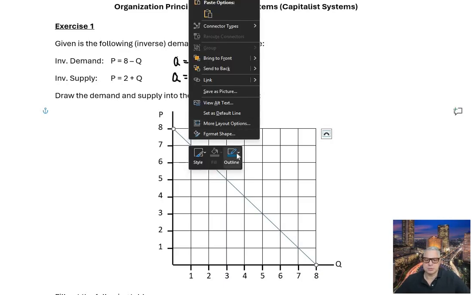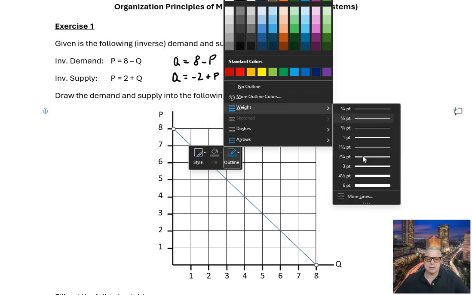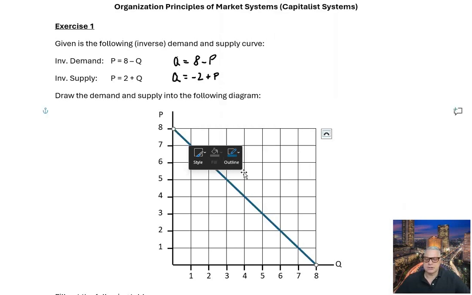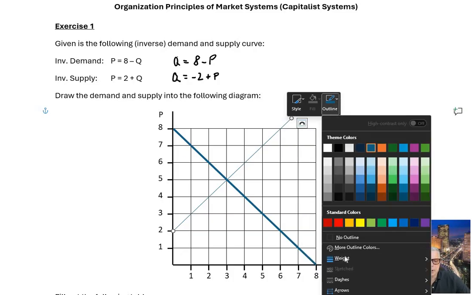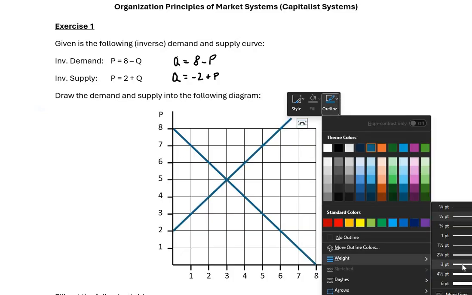So here this would be our demand function, and the supply function would start here at 2, that's the intercept, and it has a slope of +1, and it will go up like this. And let's also make it a little bit bigger.